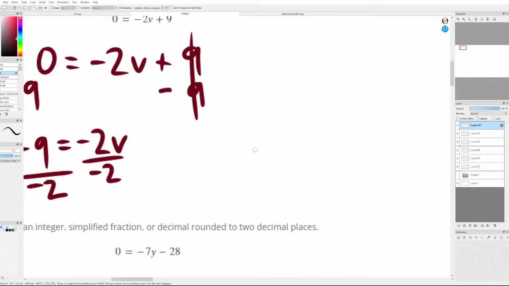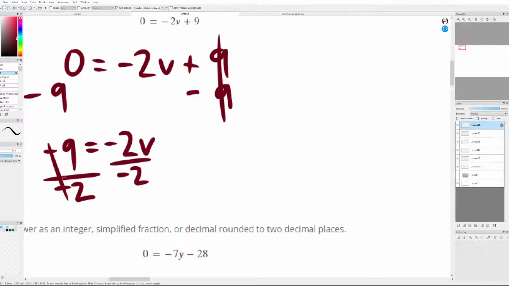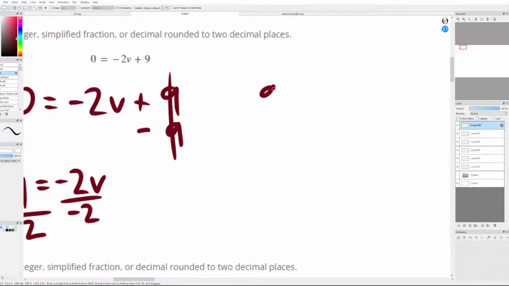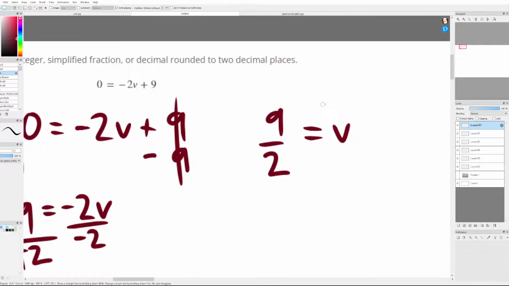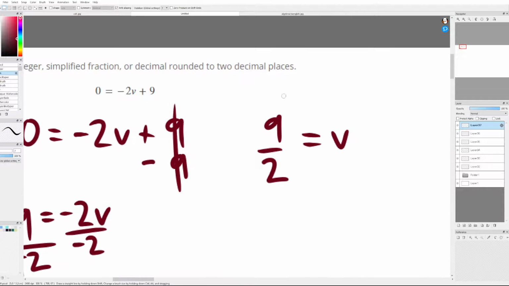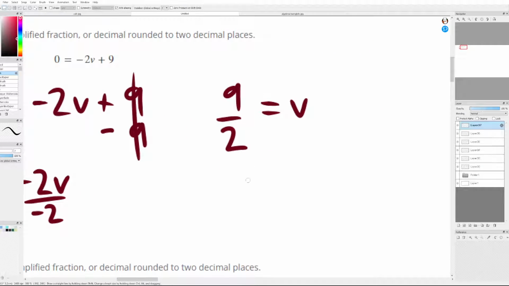And then when we do that, since we have a negative on the top and a negative on the bottom, we can cross out those negatives. So we have 9 halves equals v. And then it wants it to be in a simplified fraction rather than an improper fraction.